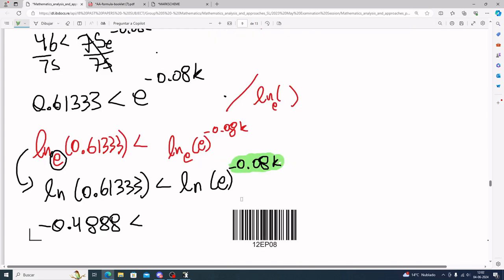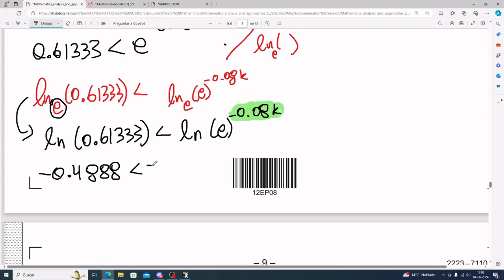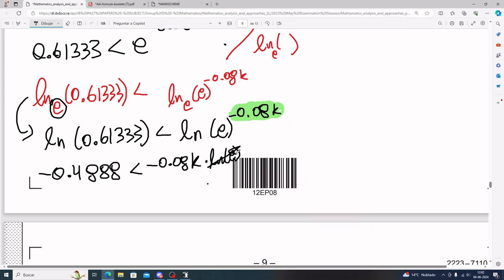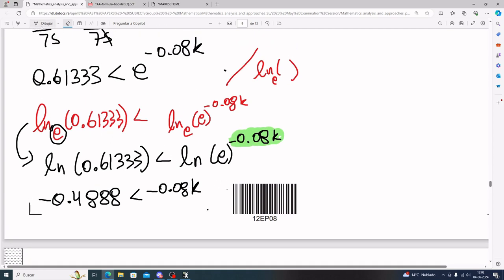You end up with negative 0.08 times k, times log natural of e. Well, log natural of e, if you put it into your calculator, you look at that, it's just 1. And so this is going to be times 1, basically. So it's just going to disappear. How friendly. And from here, you can actually get the value of k.